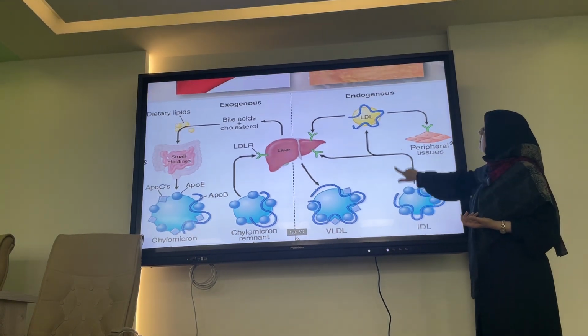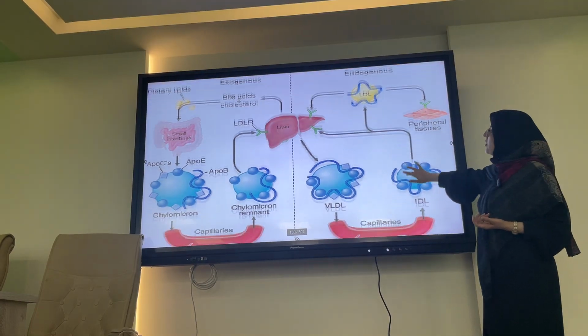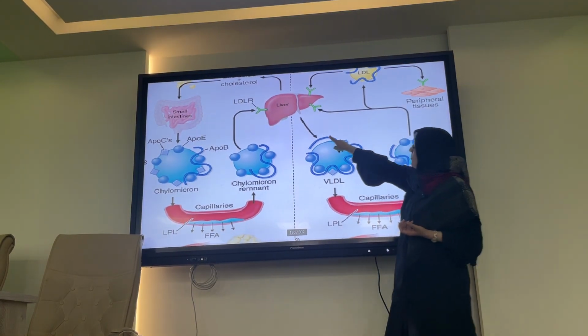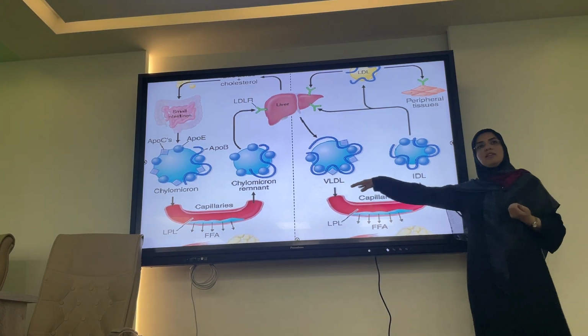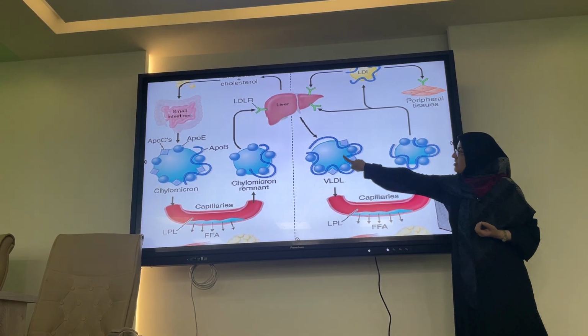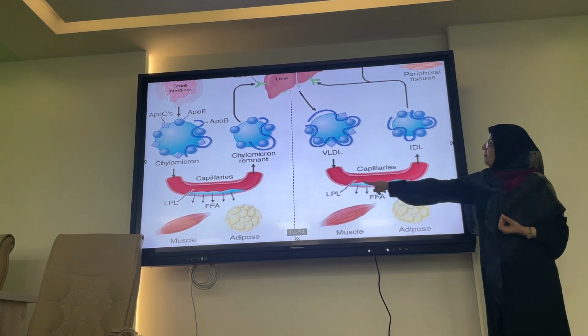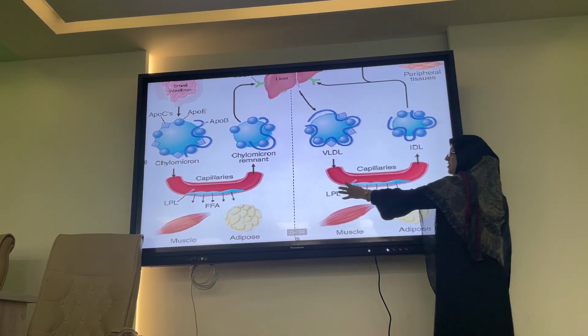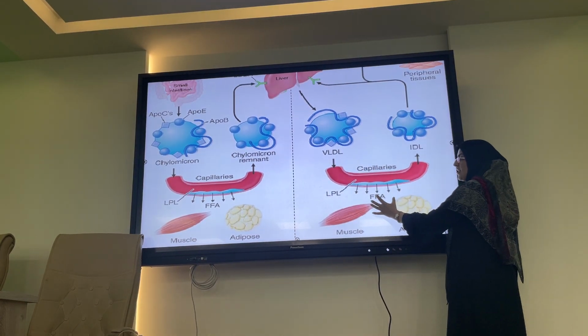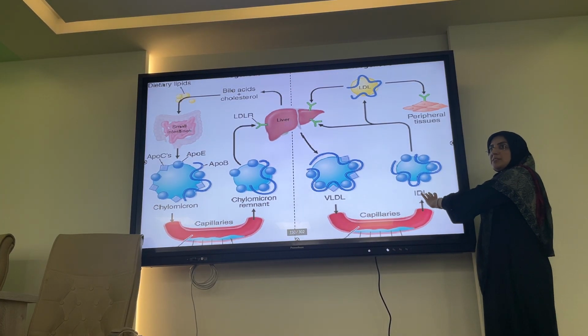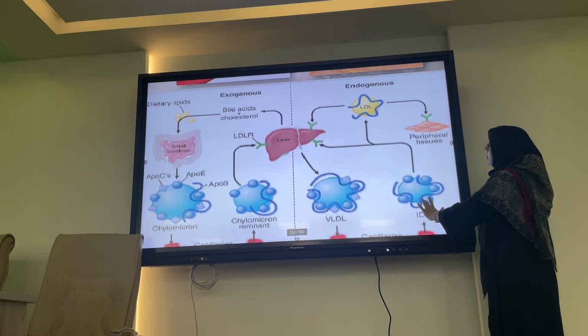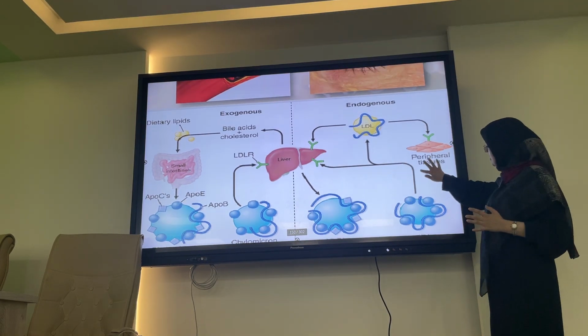On another side, the endogenous pathway, the liver will excrete VLDL, very low density lipoprotein. It goes inside the vessels, lipoprotein lipase releases free fatty acid. On the other side, we have intermediate density lipoprotein, which has cholesterol.